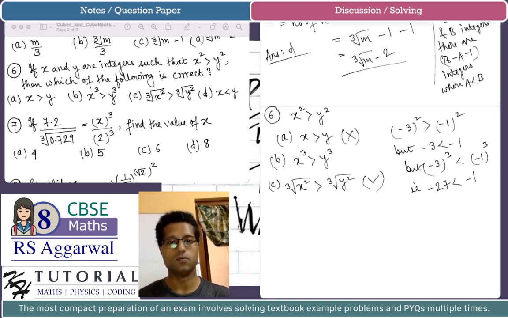We have cube root. Okay, so x square and y square are both positive numbers, and cube root of a positive number is a positive number, and cube root of a negative number is a negative number.